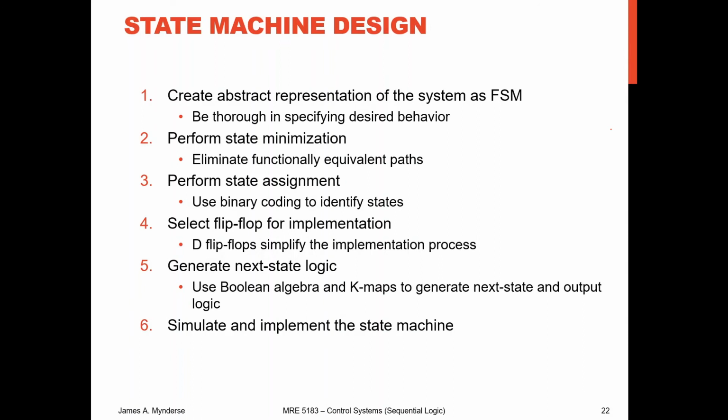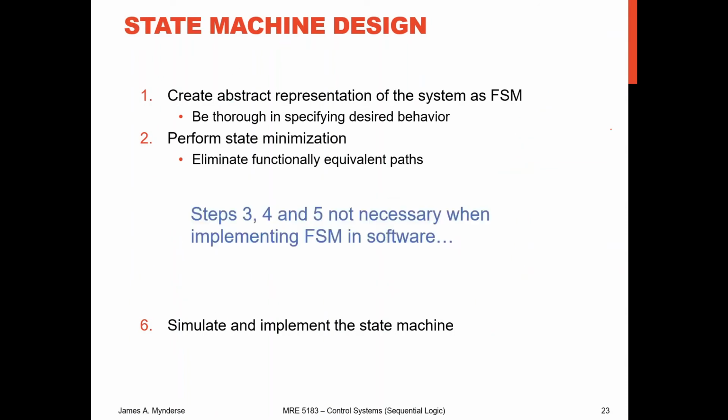And then once you've got your next state logic and your output logic, you can select individual gates or select an implementation platform, put it together, and then you can always simulate and implement it. So the first part here is very much your design. The next part, we've got some iteration, and then we've got some implementation and testing.